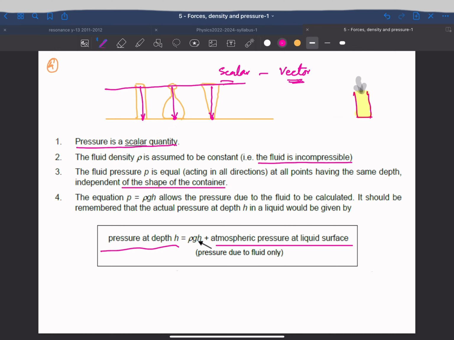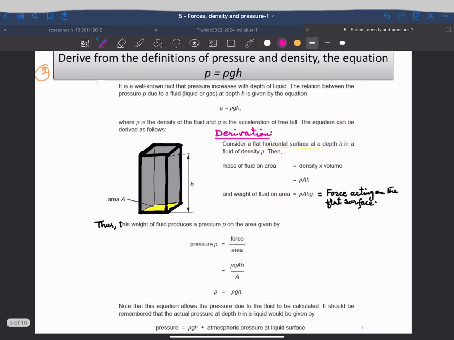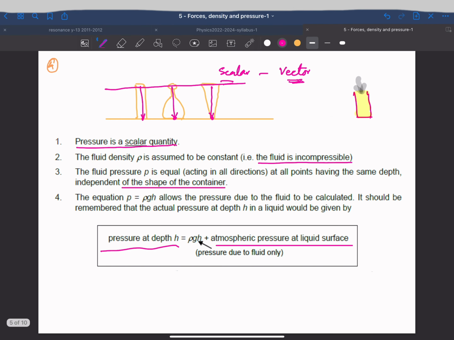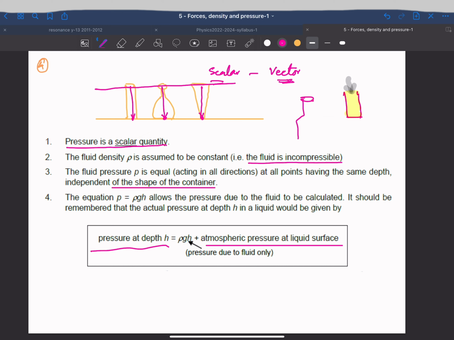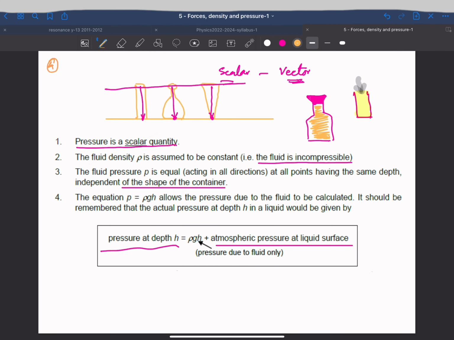But again, I just want to mention that this will happen only when the container is open. If the container is closed, like I have just drawn here, like a closed bottle situation, suppose you have a cork or cap here, whether it is filled with air or any fluid like a liquid, the pressure will remain the same only because of the formula rho g h, and there will be no role of the atmospheric pressure.